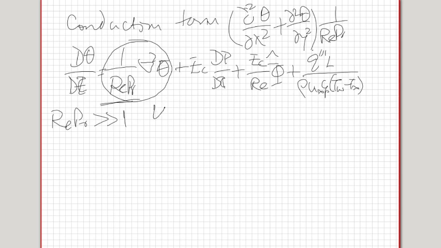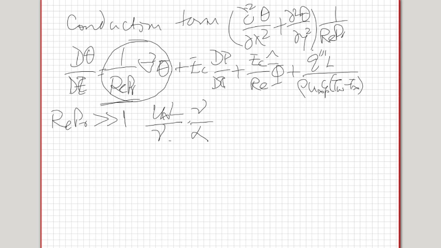RePr is U infinity into L divided by alpha, which is basically U infinity into L divided by nu, which is Re, into nu by alpha. So this is Re and this is Pr.